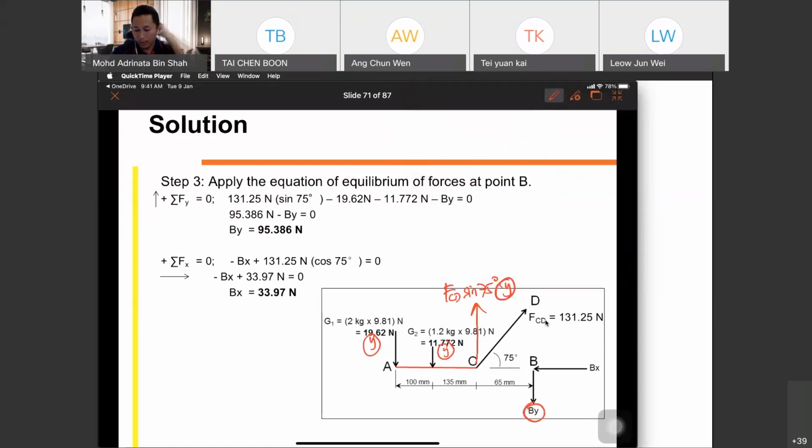So we have 4 terms for Y. For the Y direction, the first one FCD sine 75 is positive and the others are in the negative direction.